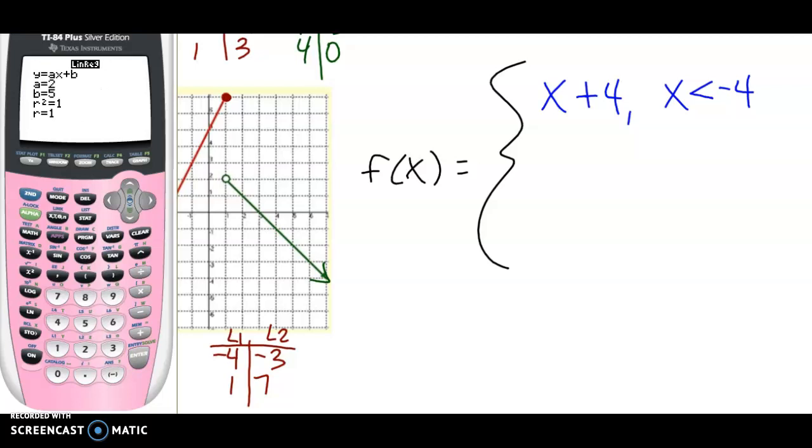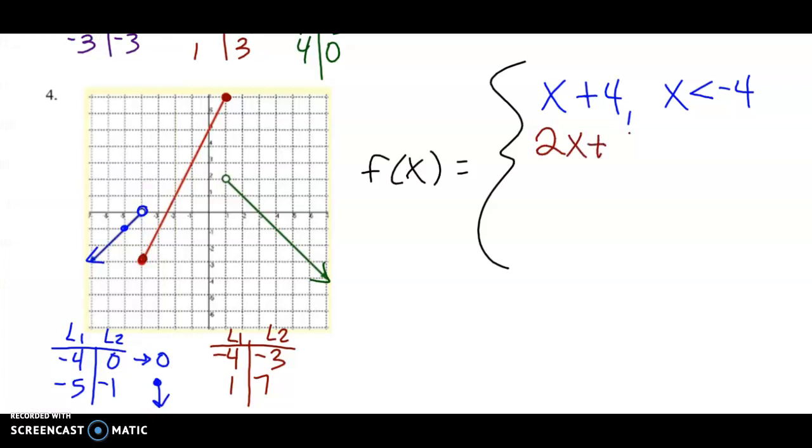Is 2x plus 5, and I know they were both closed circles. So that means it's from -4 to 1. Both of them have equal signs because they're closed circles.